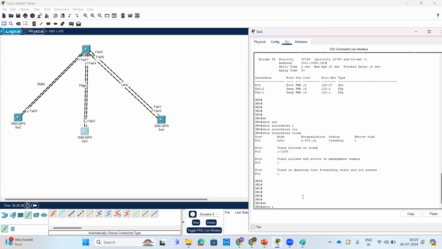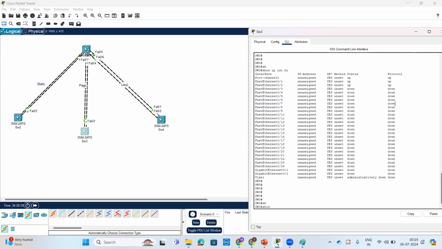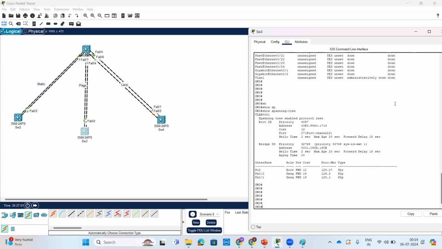Finally, show IP interface brief. Port channel 2 is created here, and show spanning tree. So here, this is the port we configured here.